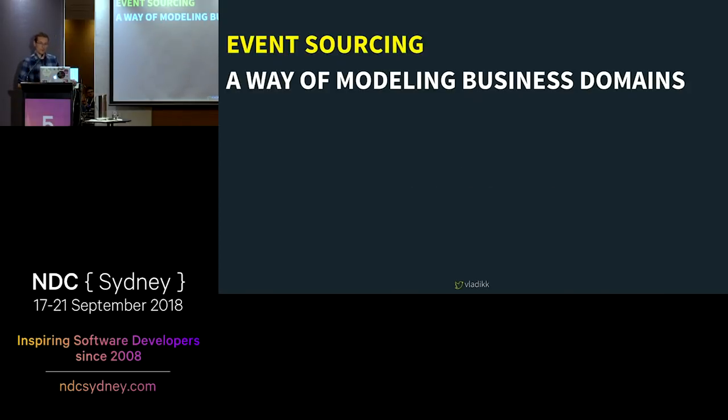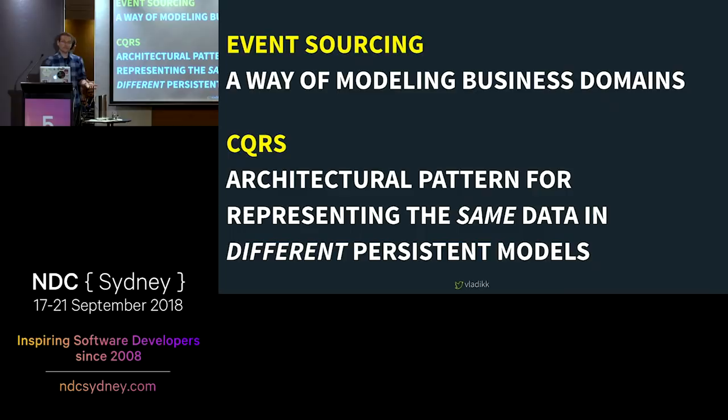Event sourcing is a way of modeling a business domain. CQRS, on the other hand, is an architectural pattern. It allows you to represent the same data in different persistent models. For example, for event sourcing, you have the event store for writing data and projections for reading. Same data, but persisted in different models.